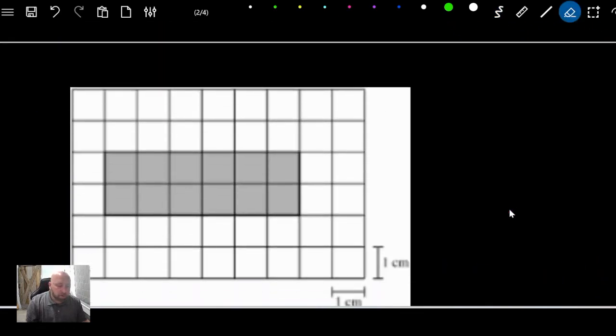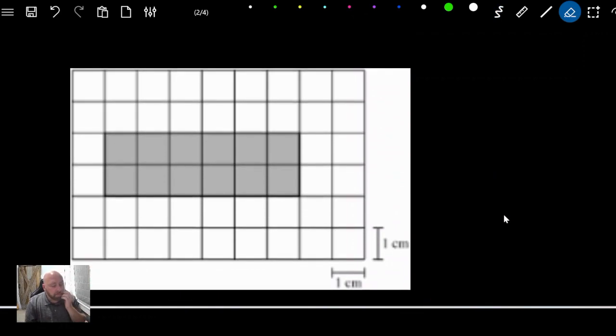Okay, now let's go back up here to this shape real quick. And I want to show you one more thing. What if instead of this being 1 centimeter by 1 centimeter, what if each one of these boxes represented, let's say, 2 centimeters by 2 centimeters? What if it was 2 instead of 1? Well, when we number this, each one of these boxes is going to be 2, because each length now equals 2 centimeters.